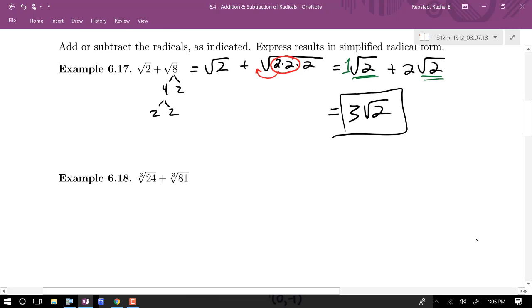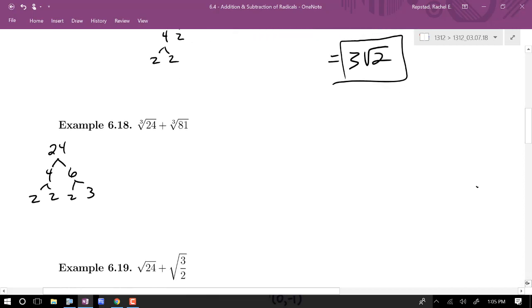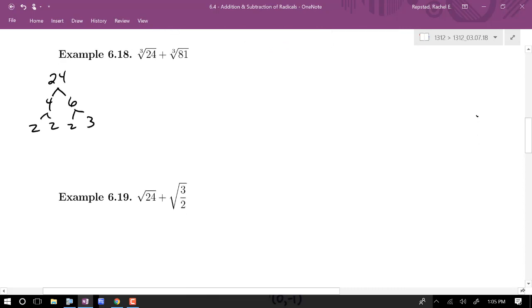Another? All right, let's begin. We have to begin by simplifying these radicals, and that means we have to factor. So 24 is 4 times 6. 4 is 2 times 2. 6 is 2 times 3. 81 is 9 times 9, and each of these is a 3 and a 3.